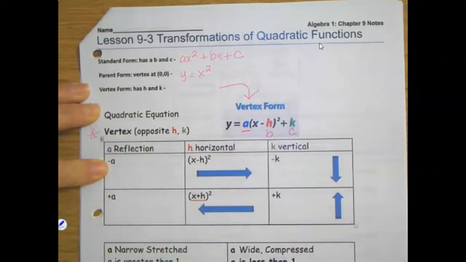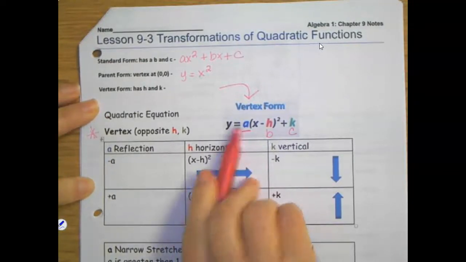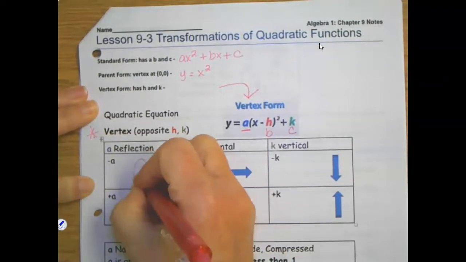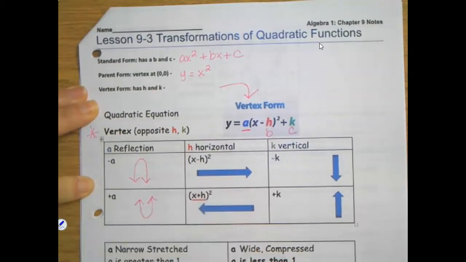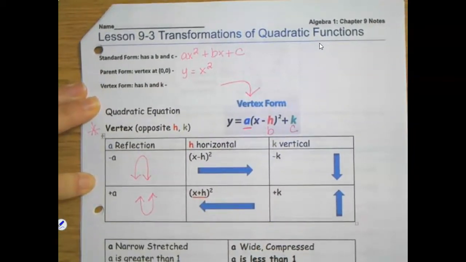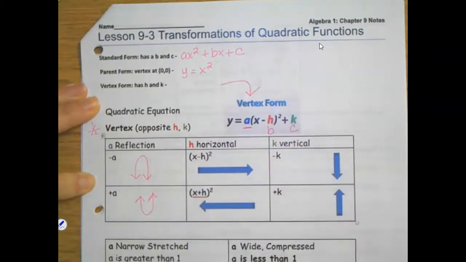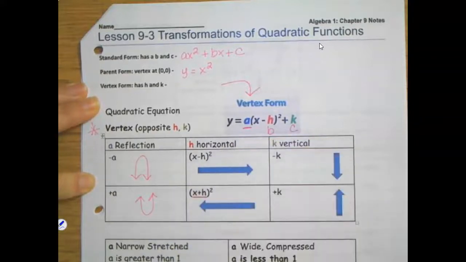Okay, so this A tells us if it is negative, it's going to go this way. If it's positive, it's going to go that way. That's super easy. Now, whatever's in the parentheses is going to go the opposite direction.